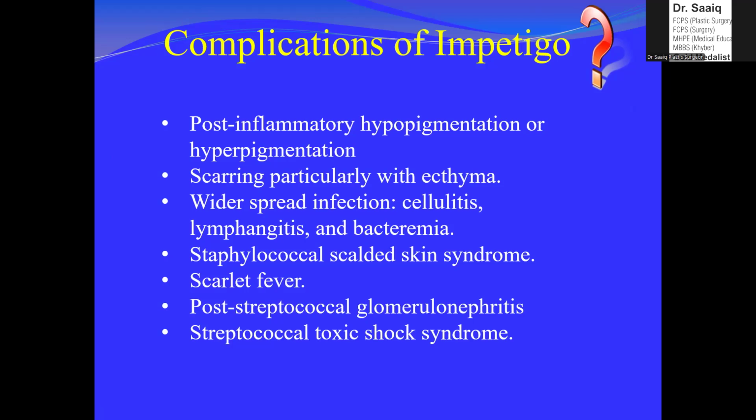There are certain rare conditions which may be associated with staphylococcal and streptococcal infections, for example, staphylococcal scalded skin syndrome, scarlet fever, streptococcal glomerulonephritis, and streptococcal toxic shock syndrome. These are very rare, and most of the time, the impetigo lesions heal without leaving behind any scarring or pigmentation.